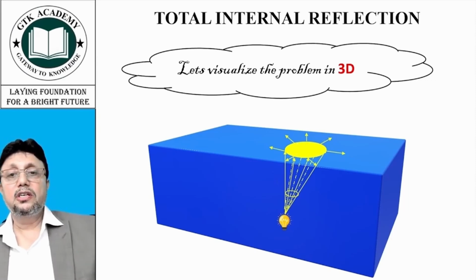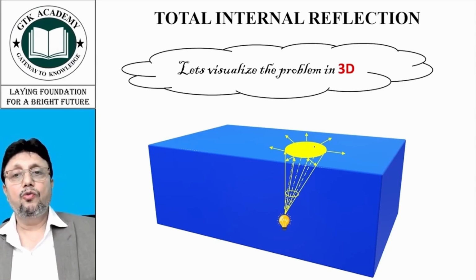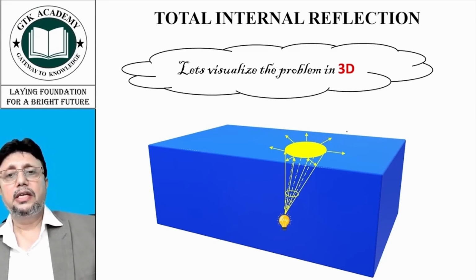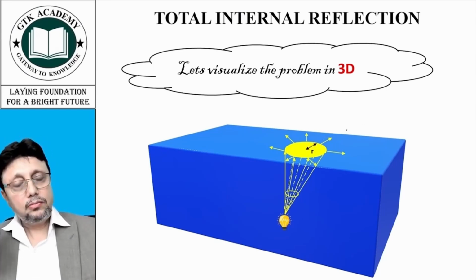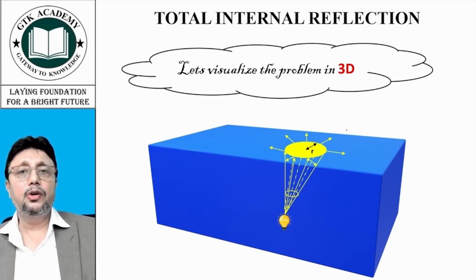Although since it's a three-dimensional figure, the shape is seen as an ellipse, but it's a circular shape, say of radius R. I hope you are able to visualize the problem properly. Now let's solve the problem.